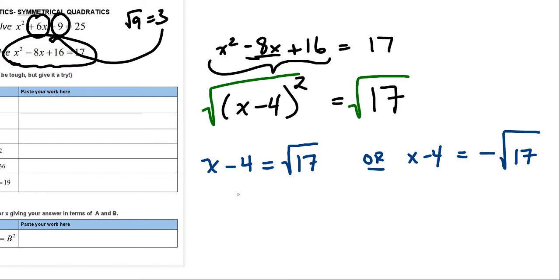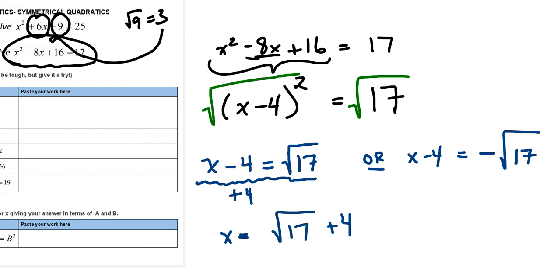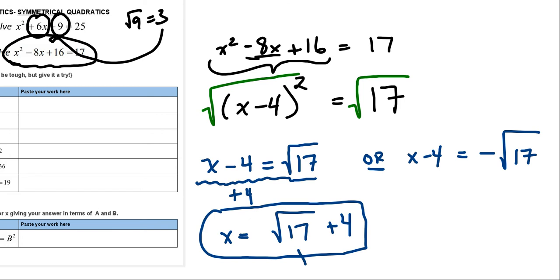Okay, let's go back to over here. We need to get x by itself, so we're going to add 4. And we really can't do anything for the simplification here, so it's simply √17 + 4. And voila, we have what's called an exact answer, which we could type in our calculator, or estimate.